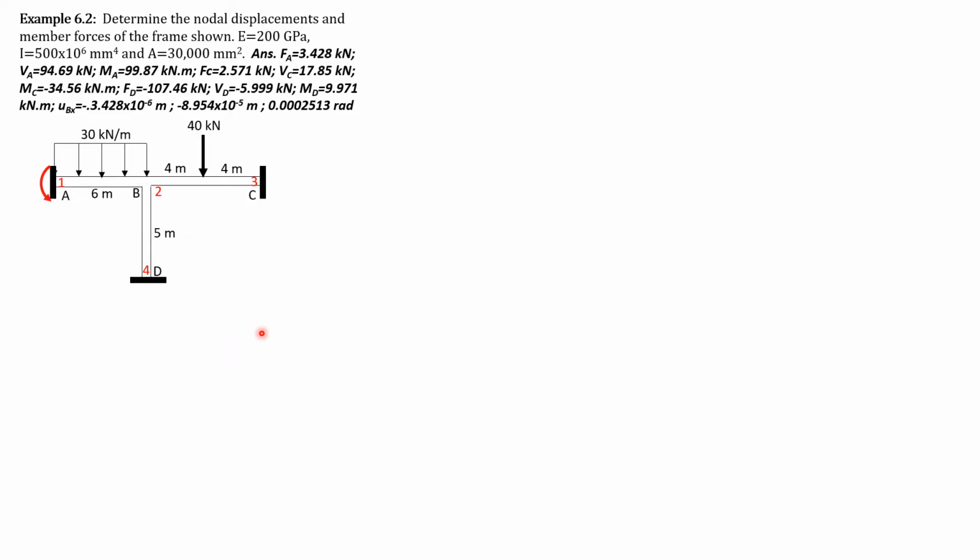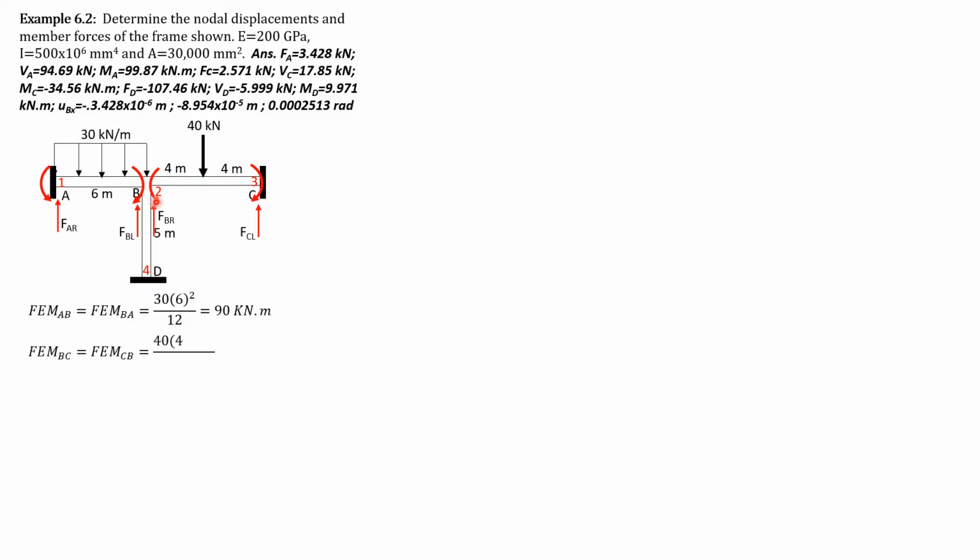So first, let's have the fixed end moments, fixed end forces. The positive direction as shown. So call this force FAR, or shear just to the right of A, shear just to the left of B, shear just to the right of B, shear just to the left of C. So fixed end moment AB is fixed end moment BA by symmetry, 30 times 6 square over 12, so 90 kilonewton meter.